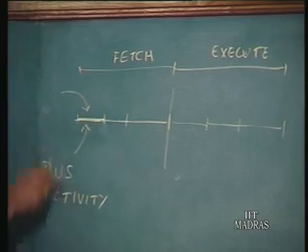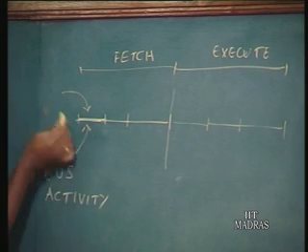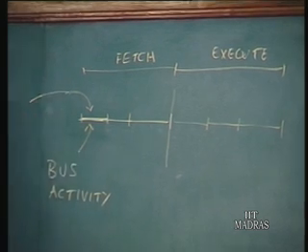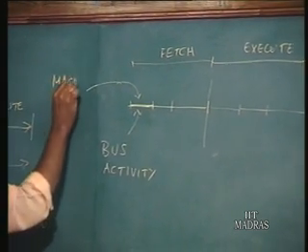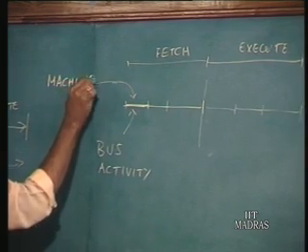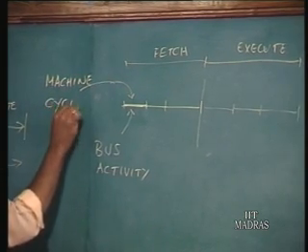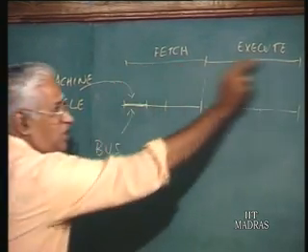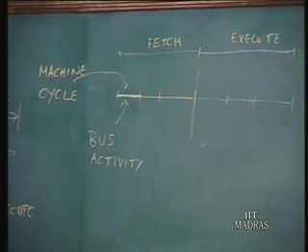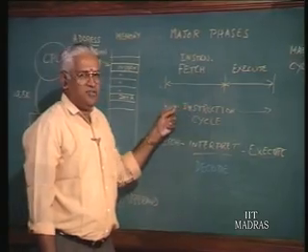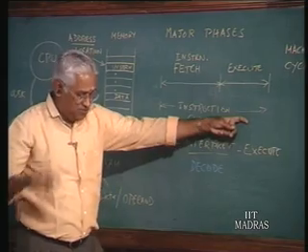When the bus activity takes place, this is called a machine cycle. That is, one machine cycle is part of the overall instruction cycle, right. The overall is the instruction cycle, and the instruction cycle is for an instruction.